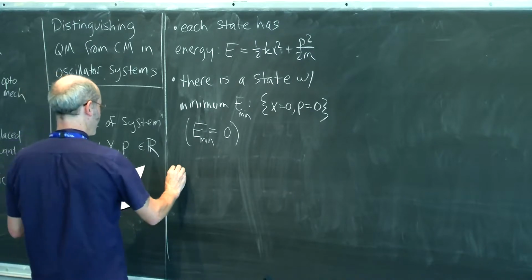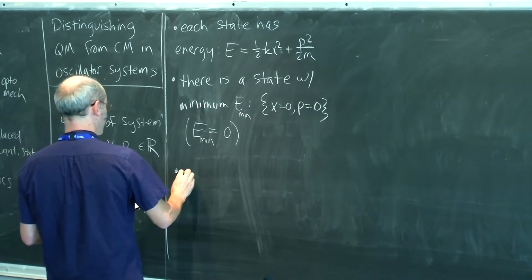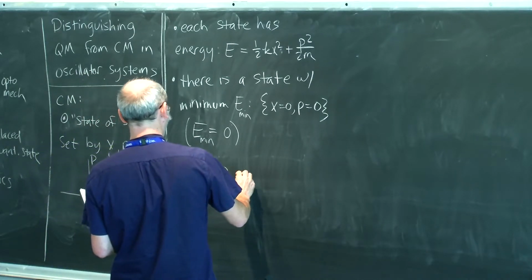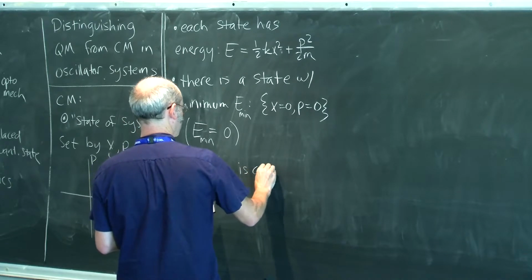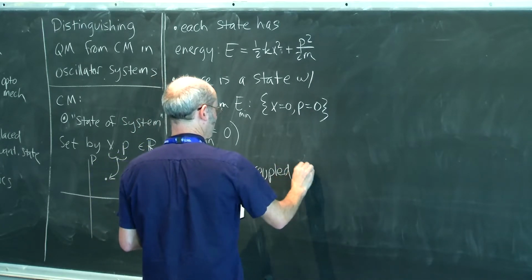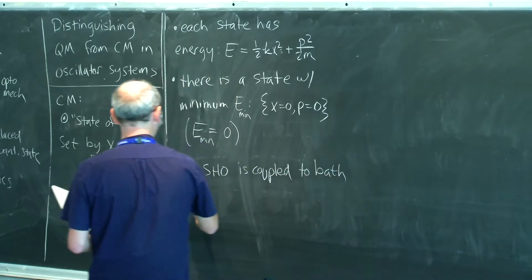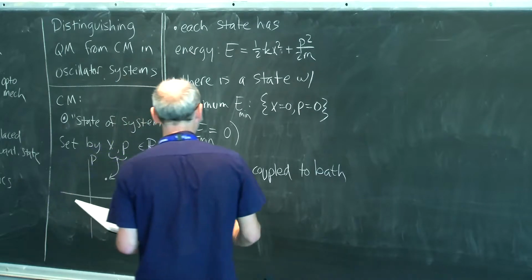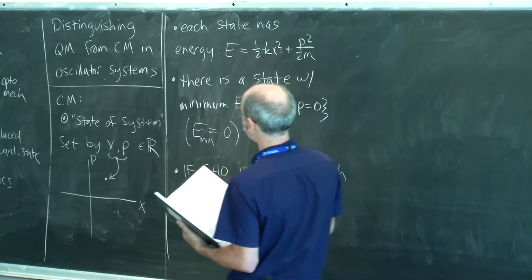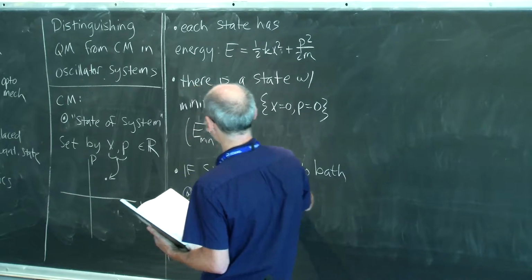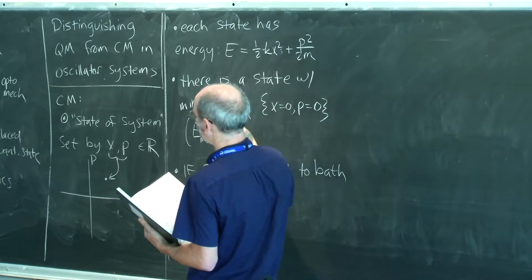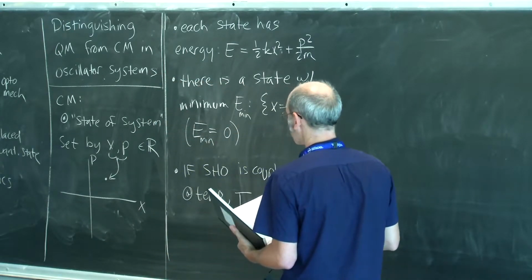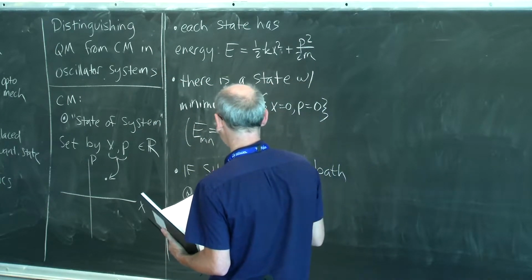And the last point that I want to make is that if the harmonic oscillator is weakly coupled to an ideal thermal bath at some temperature T, then measurements of x and p... So if it's not coupled to any kind of bath, then x and p evolve according to F equals ma, if you like, and the time evolution is fully specified by the initial conditions, as we said at the outset.